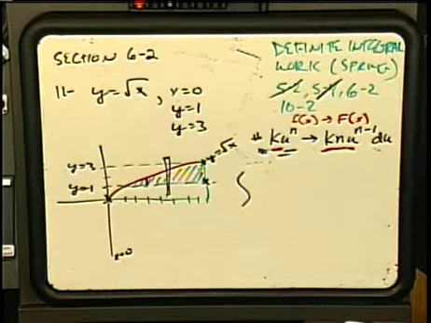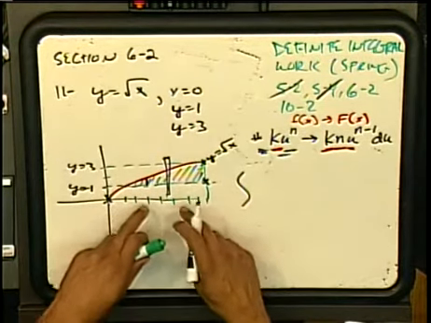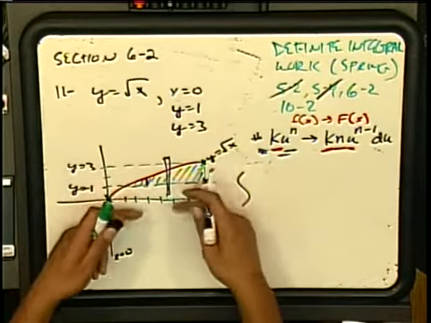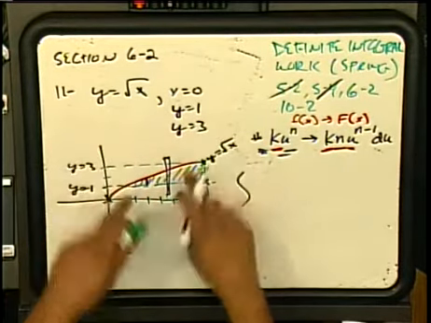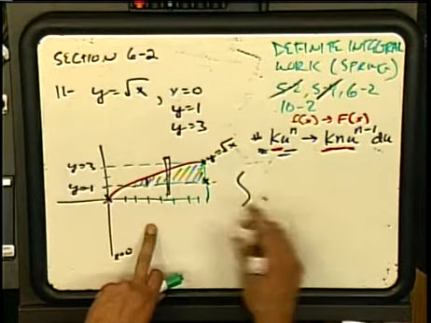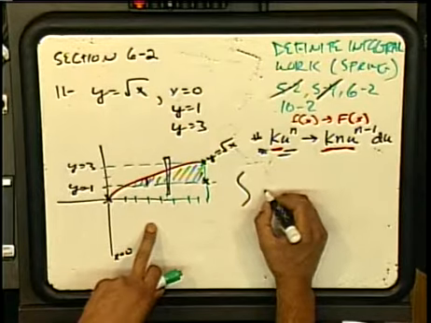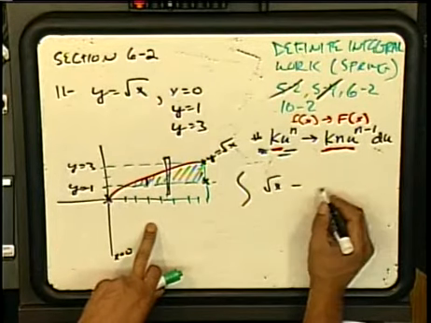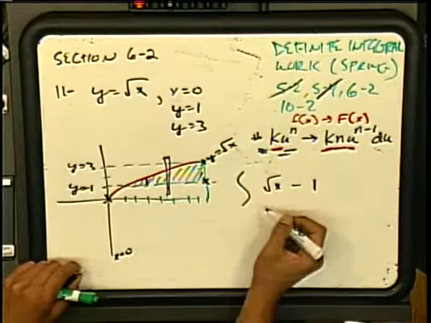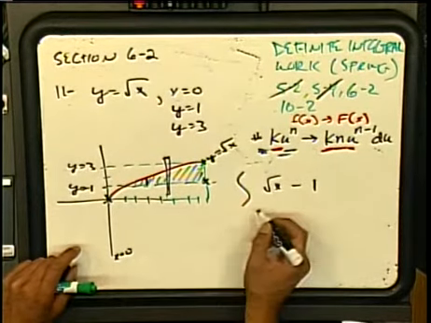So we got the area. We're doing the vertical line, so we want to subtract the top function by the bottom function. The bottom function is y equals 1. So square root of x minus y equals 1, with those boundaries on the x-axis.